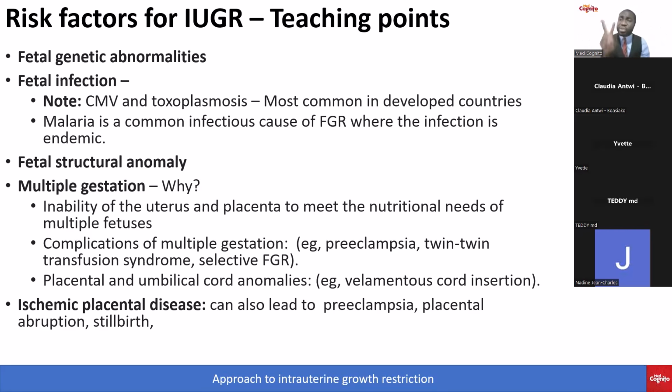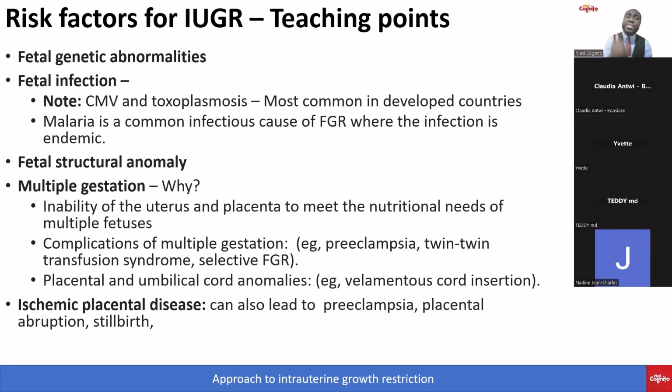And so if there are two people occupying that uterus, or if there are 3 or 4 of them, then at times there's inability of the uterus and the placenta to meet the nutritional needs of the multiple babies. Doctors, please, are we all tracking together? So someone might ask you, why is multiple gestation a risk factor for intrauterine growth restriction? Because maybe the uterus cannot support more than one fetus.